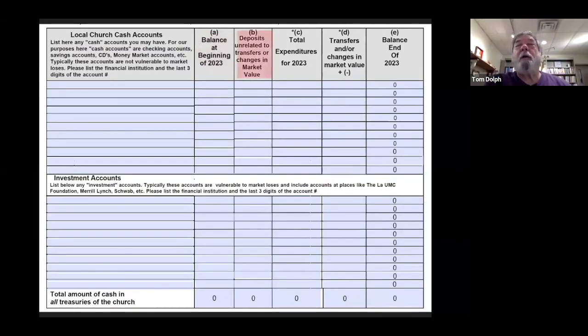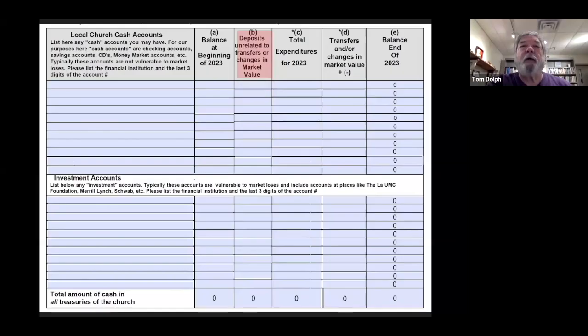Column B is all about deposits. Again, if you take all your statements for the year and you add up everything that's listed as a deposit, either in your liquid account, your checking account, your savings account, those kinds of things, this would also include if you have CDs or your checking account gains interest, that also is counted as a deposit in this area.